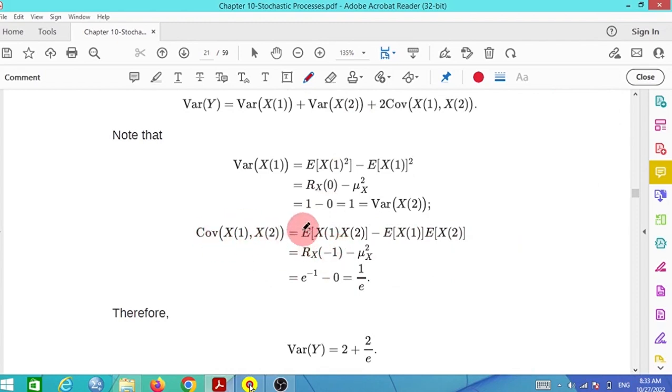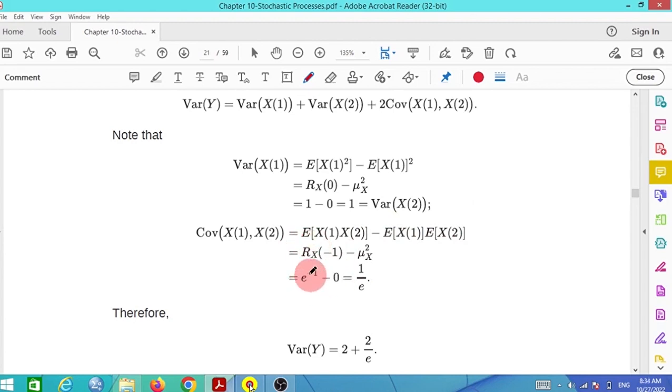The correlation function by definition is this. This is Rx at minus 1, the expected value of the product, minus the product of the expected values, which are the same. Each is 0, so this is 0.